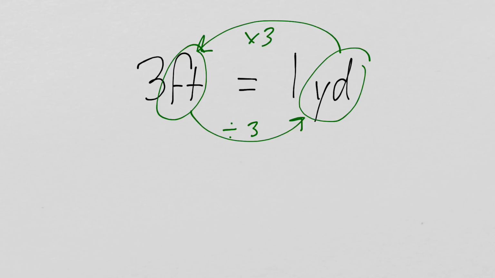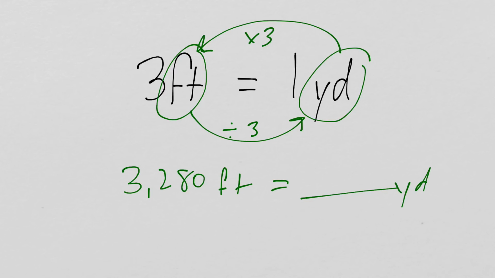So in this case, whatever feet you have, if you want to change it into yards, you have to divide it by 3. So if I wanted 3,280 feet, and I want to change it into yards, what do I have to do? I have to divide it by 3, right? I'm not going to do it, but that's what you'd have to do.